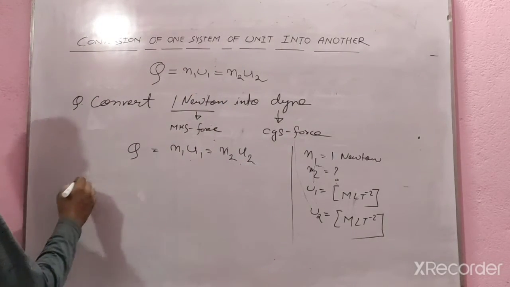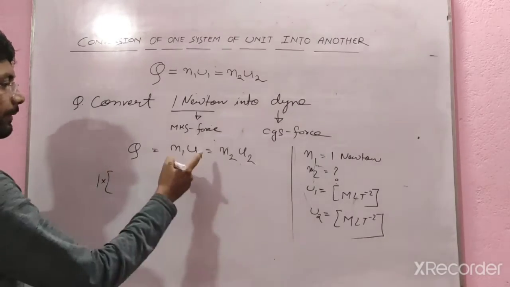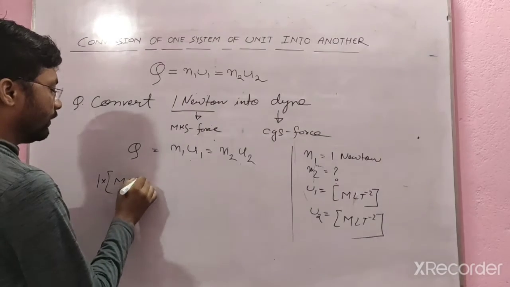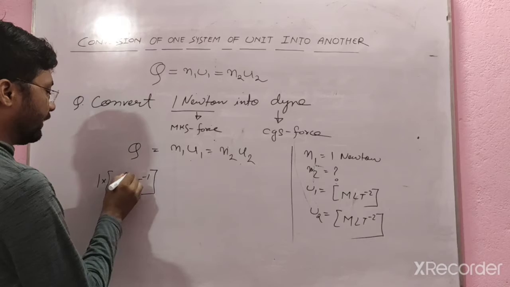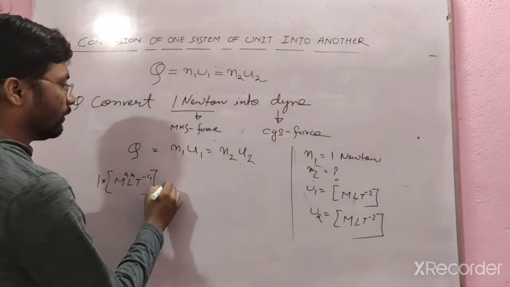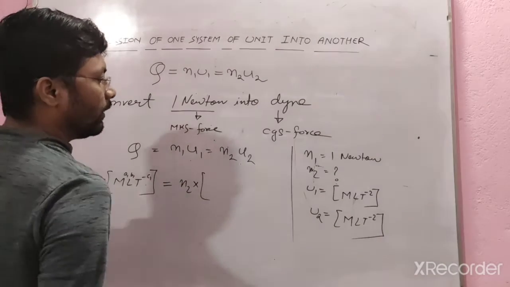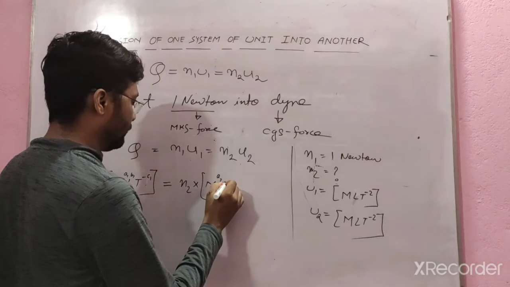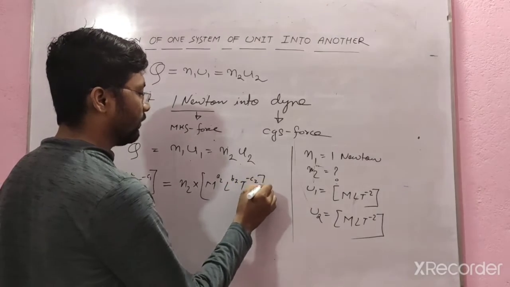Now let N1 equal 1, multiplied by U1, which is M L T to the power minus 2. Let its powers be a1, b1, c1, equal to N2 into U2, with M to the power a2, L to the power b2 and T to the power minus c2.